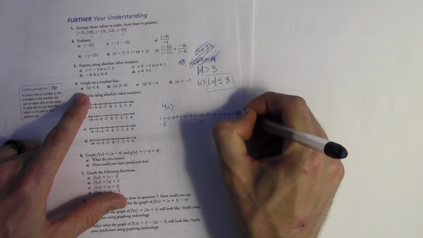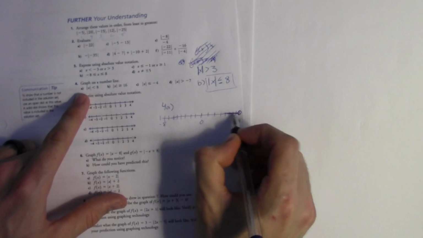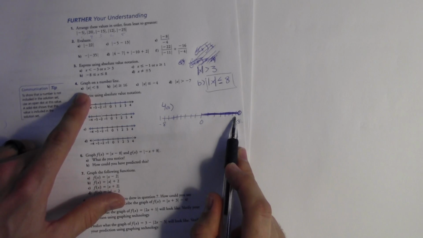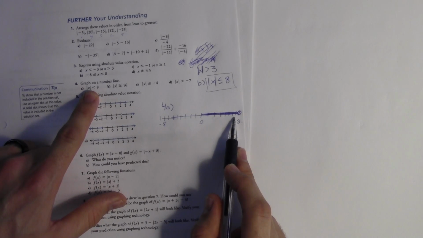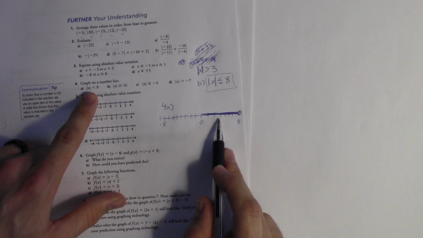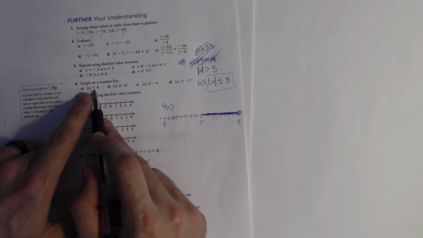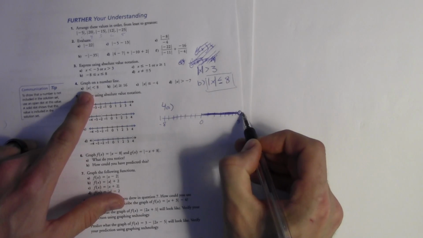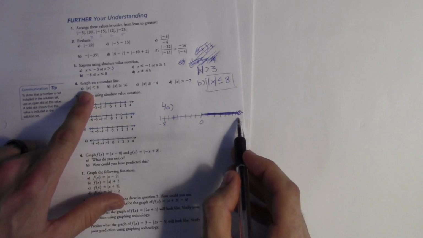So we're going to go less than 8, all of these values. So if I choose 7, this equation will be true. If I choose 5, this equation is true, correct? Okay? If I choose 9, this equation is not true, okay? That's why my number line doesn't go past 8.